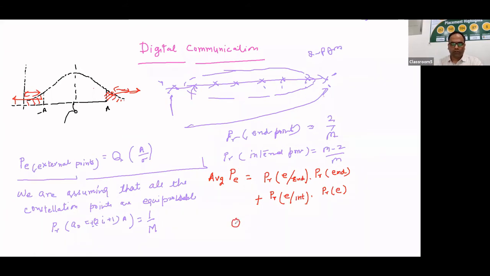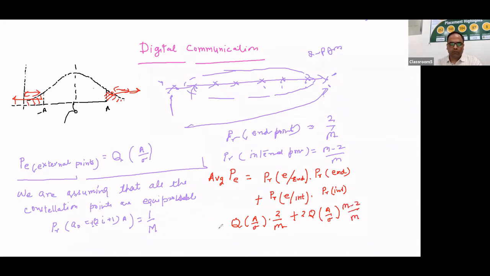It was the Q function of A by sigma, times the probability of end points, which is 2/m. Plus the probability of error for internal points, which we calculated as twice Q of A by sigma, times the probability of an internal point, which is m minus 2 by m.